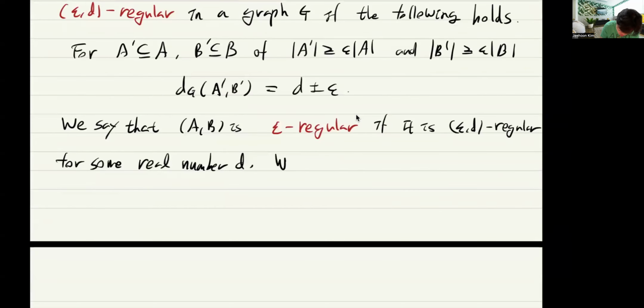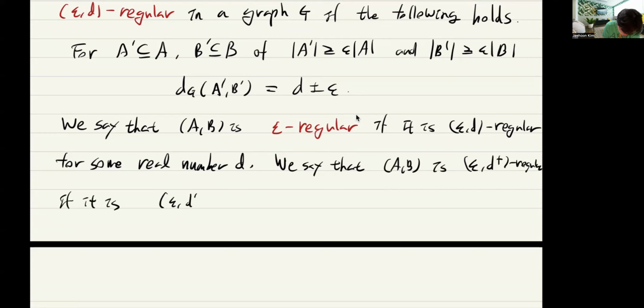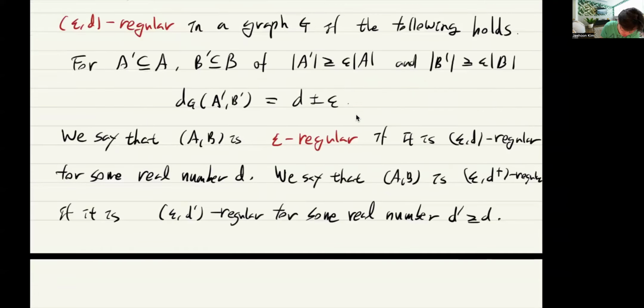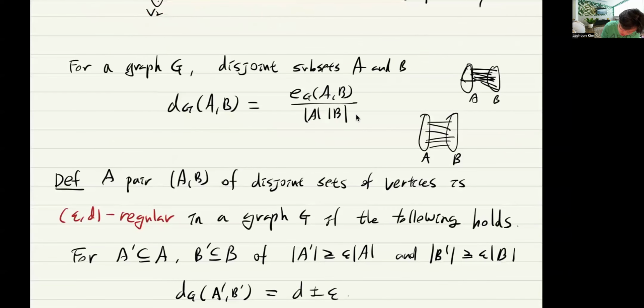And also, we say that this is epsilon-t plus regular if it is epsilon-t prime regular for some real number t prime, which is at least as large as t. Okay, so it's forbidding this kind of situation.